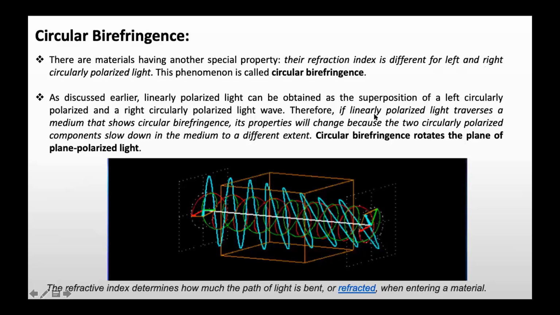Therefore, if linearly polarized light traverses a medium that shows circular birefringence, its properties will change because the two circularly polarized components slow down in the medium to a different extent. Circular birefringence rotates the plane of plane polarized light.